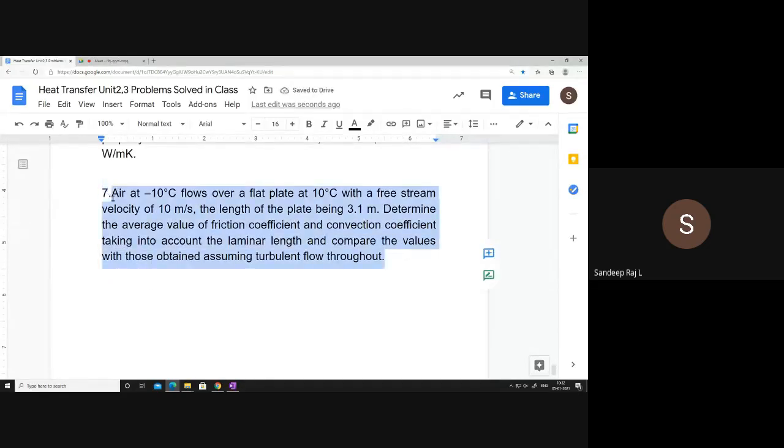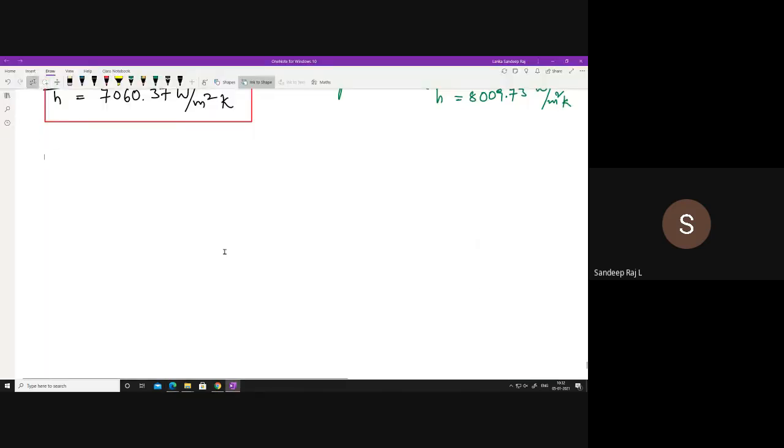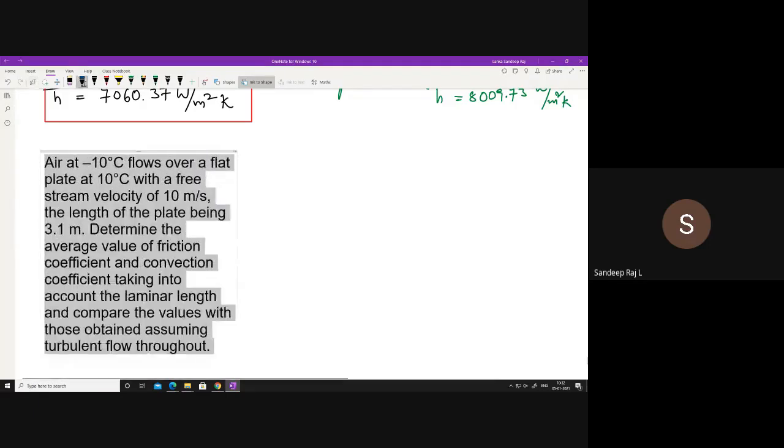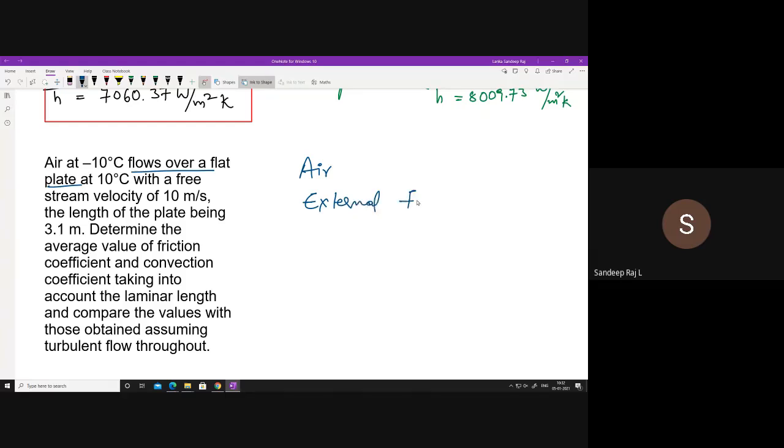This is an air problem. Let us do this quickly. First thing to do is to know the kind of material used here. Air flows over a flat plate, so it is an external flow over a flat plate. The next thing is to find out the TF.